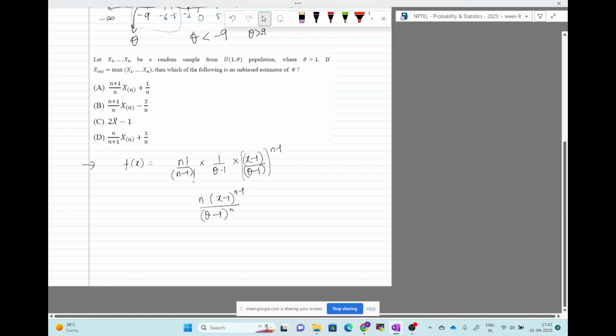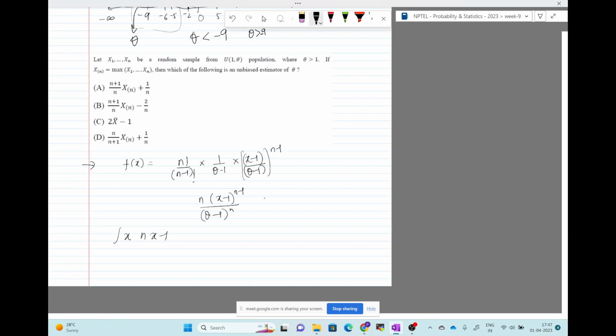Then for the unbiased estimator case, we estimate the value from the integration from 1 to theta of x fx. Why did you do that? Expectation of theta.